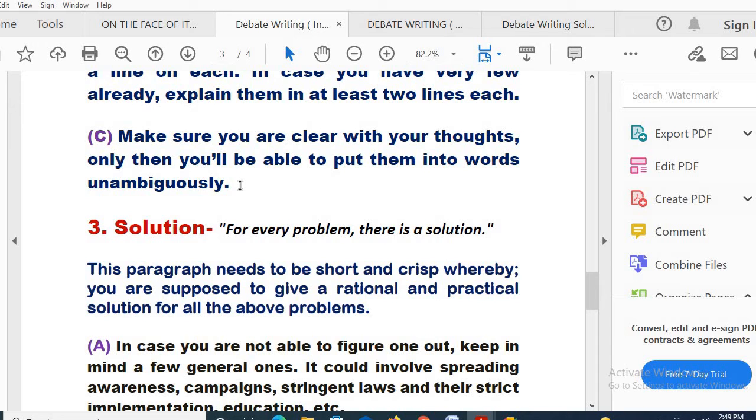Whether you are speaking for the motion or against the motion, that is definitely a factor. But whichever part of the debate you are focusing on, that depends on your clear thoughts, on your clear concepts. If your concept is wrong, if you are not confident enough, if you haven't arranged your sentences properly, then I'm afraid marks will be less. So these things, dear students, you have to note properly in case of a debate.